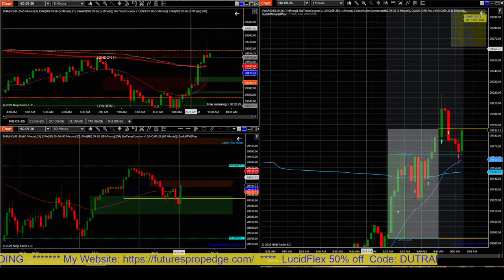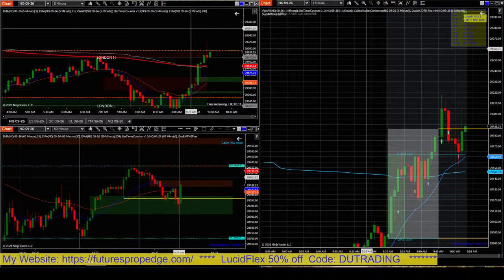If you're trading a 50K account, whatever, and you had these three good trades, you should be up a nice little amount. That means you don't have to rush to take anything else at this point. You can just chill, enjoy, or even call it a day.